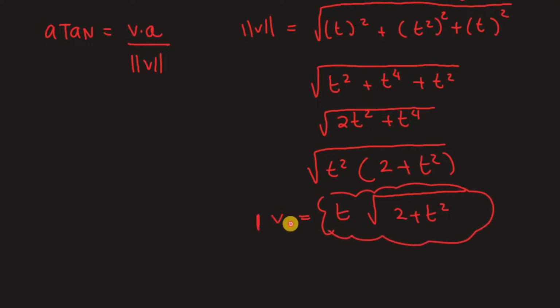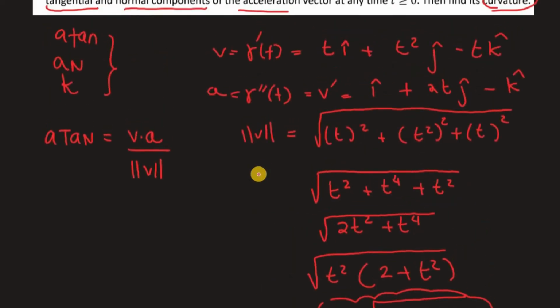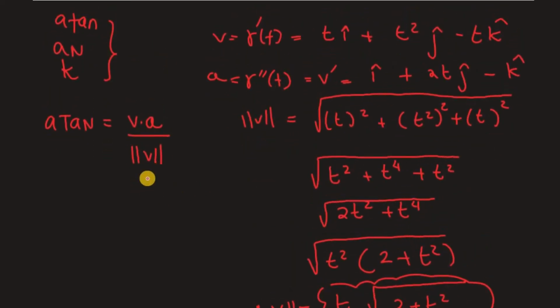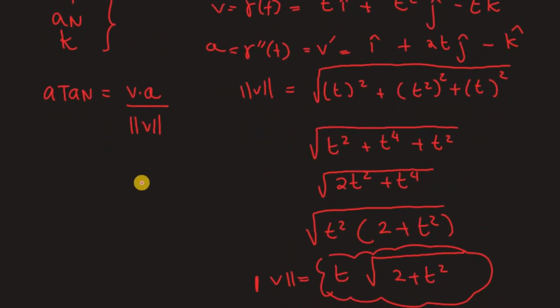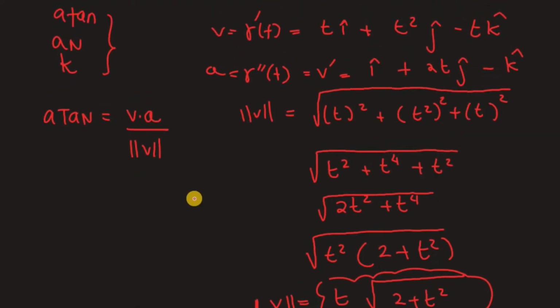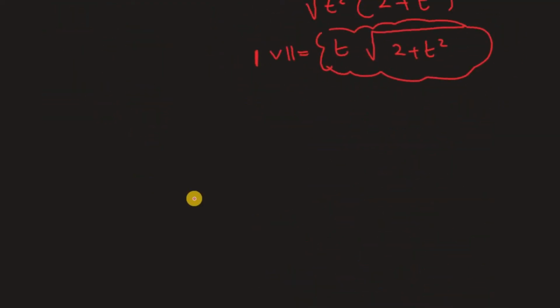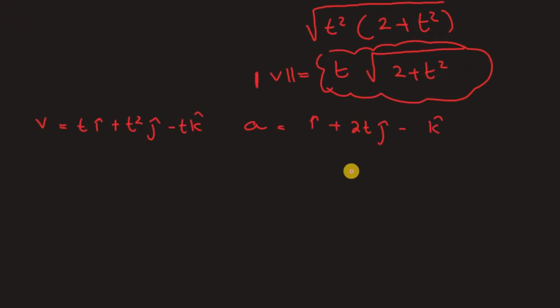Okay, now it's nothing but simply plugging everything into the formula v dot a. So this is our v and this is our a, so let me go ahead and write it over here. Okay, next we need v dot a. So how do we do the dot product? We simply multiply the i component with the i component, the j component with the j component, and the k component with the k component, and we sum the result.